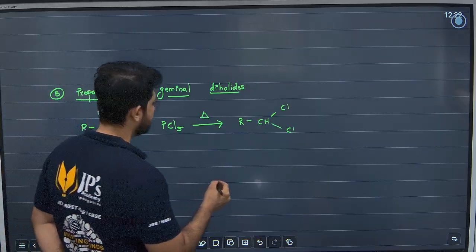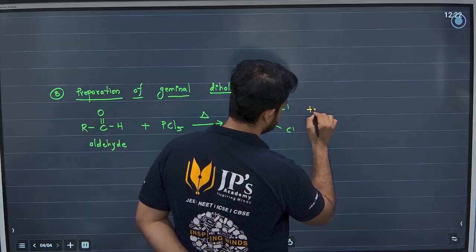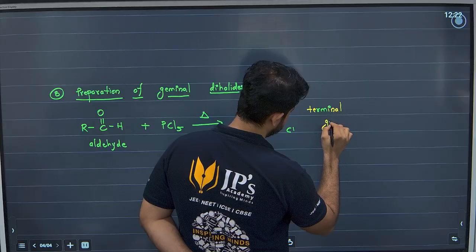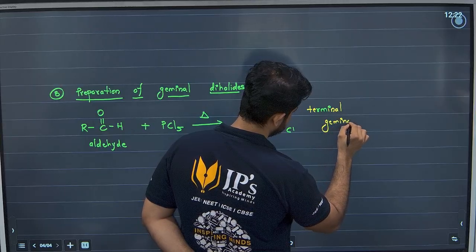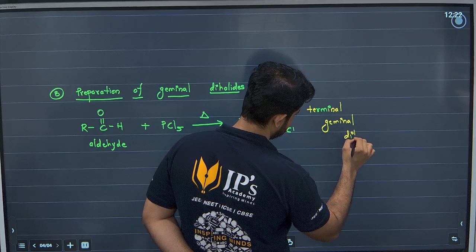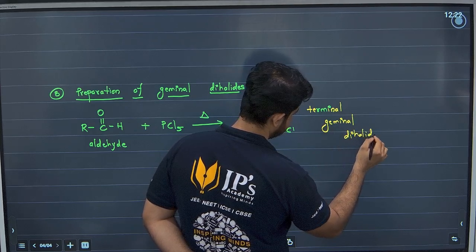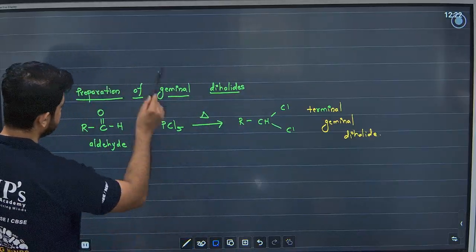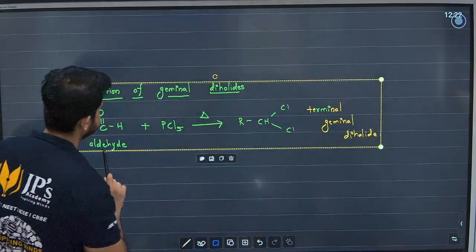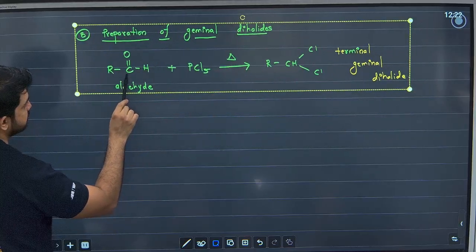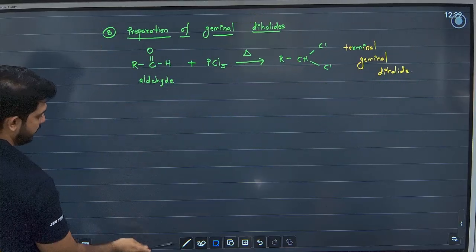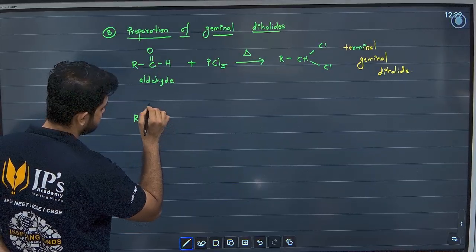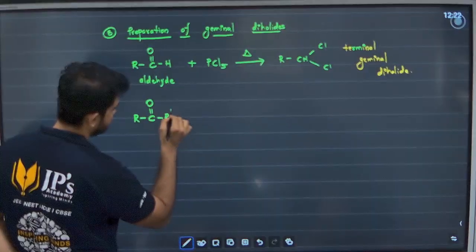तो यहाँ पे हमको क्या मिल रहा है people? Terminal geminal halide. Did you people get that? And if I use a ketone instead of an aldehyde, if I use a ketone, R C double bond O R dash.